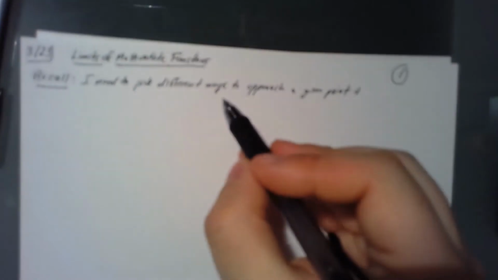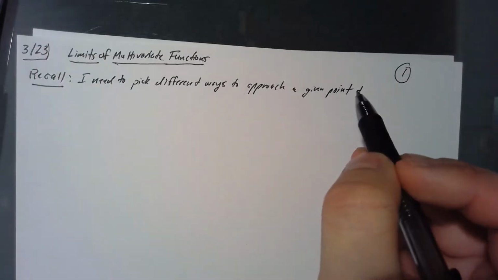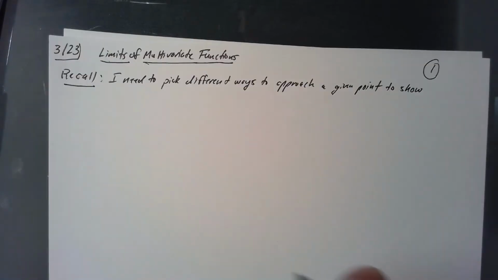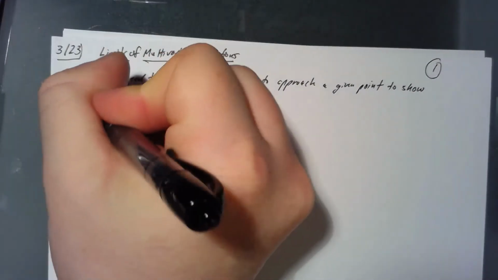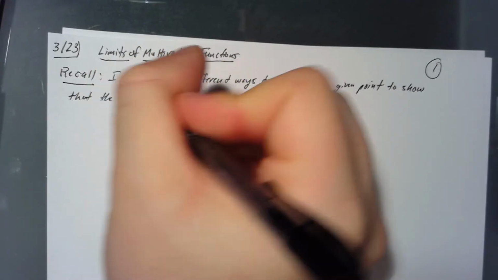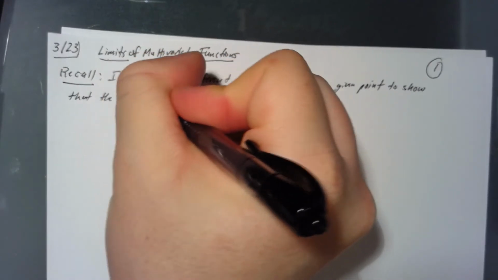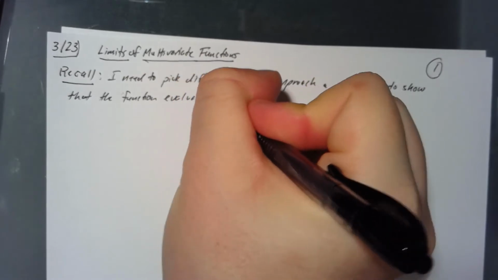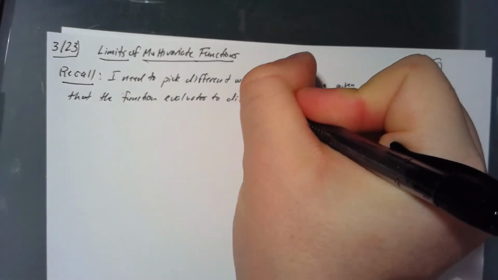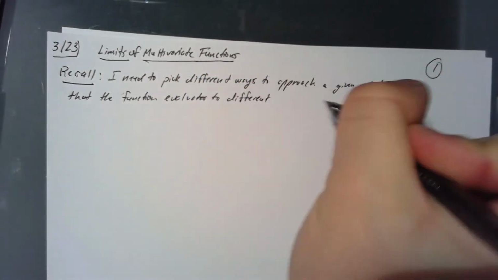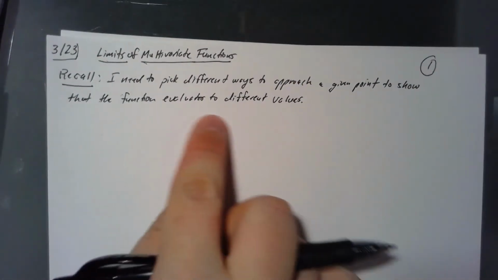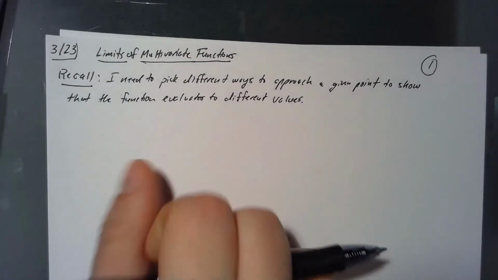So I want to go different ways to approach a given point to show that the limit or the function evaluates to different values. So that's the idea behind finding the limit of a multivariate function.